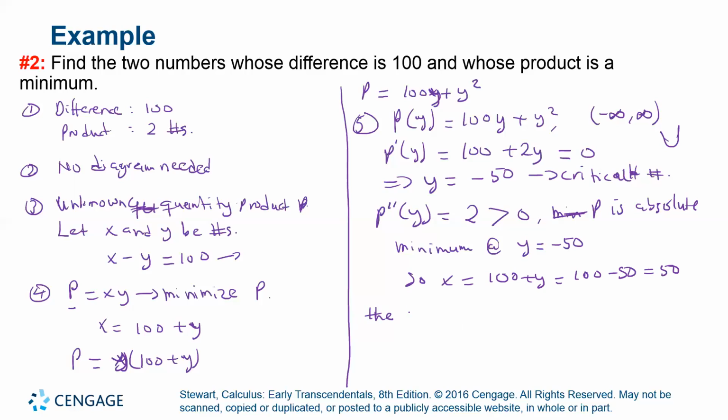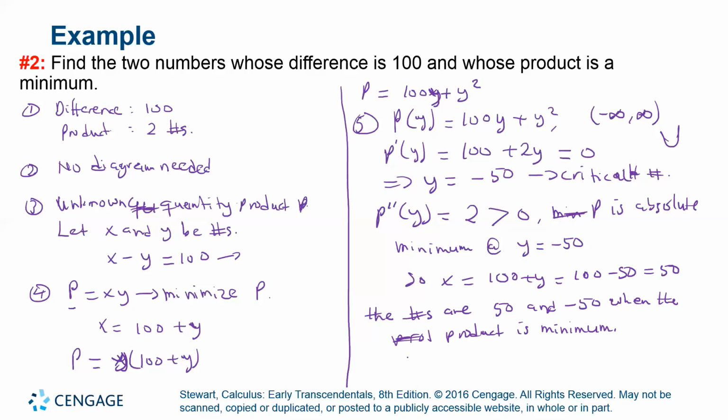The numbers are 50 and negative 50. Now, these are the numbers when the product is minimum. So that solves this question.